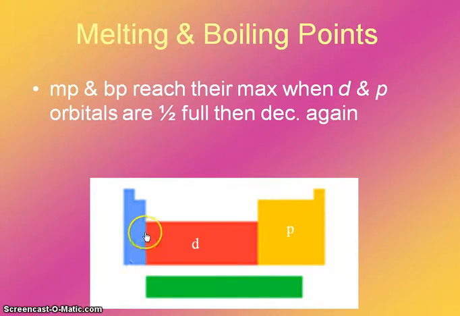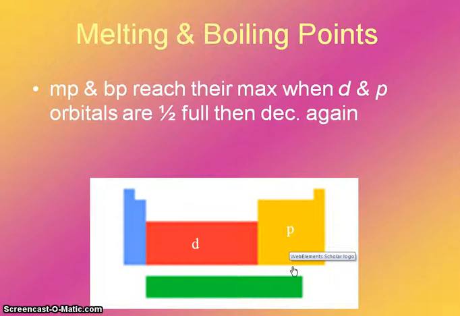Lower towards the sides, higher in the middle, and decrease again. Same thing with the P block, lower on the side, higher in the middle, and lower on the far side. So right in the middle of the D and the P block are when the orbitals are half full, and that is when the melting points and boiling points are going to be the highest.